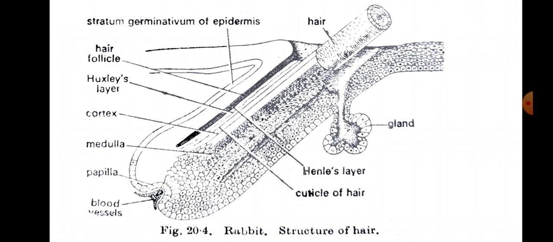It is differentiated into two parts. The basal part deeply situated in the dermis is called the root, which is bulb like, and the upper part which traverses the dermis and projects out of the epidermis is called the shaft.